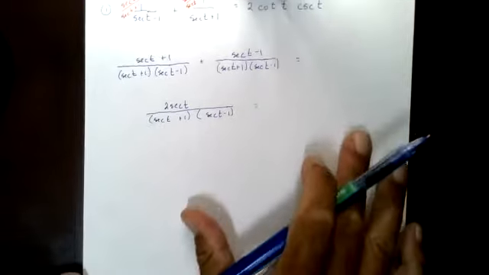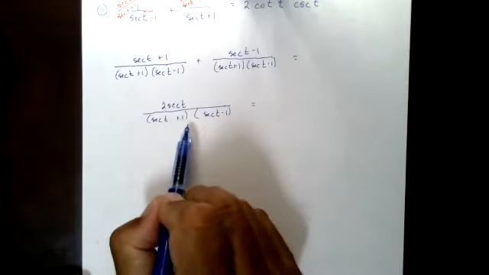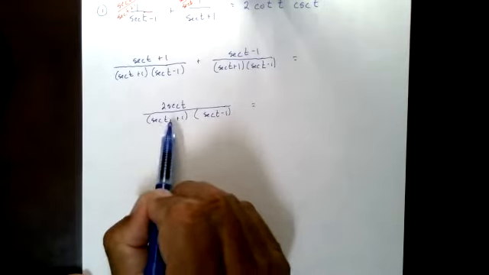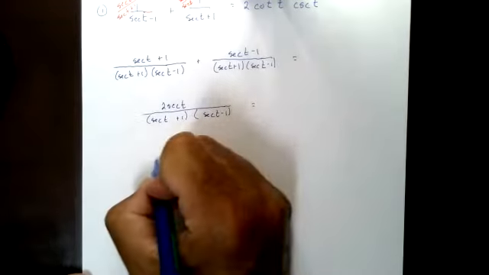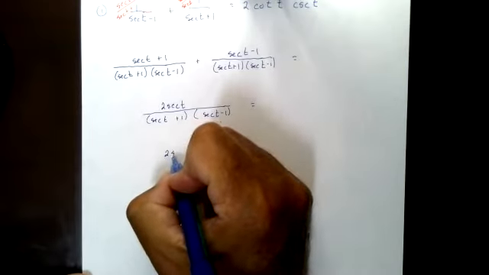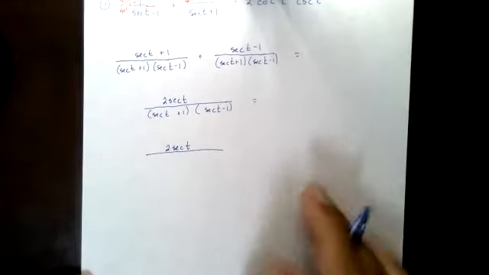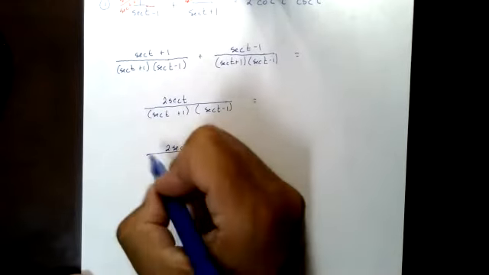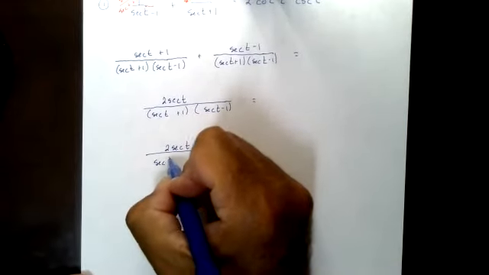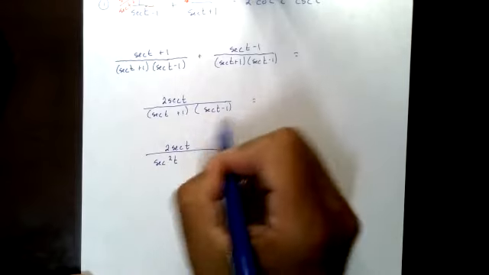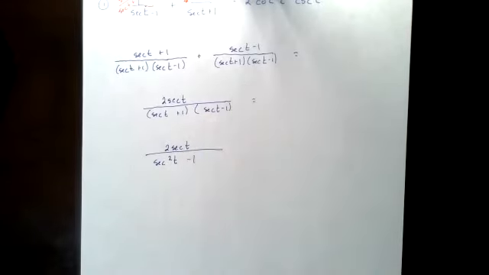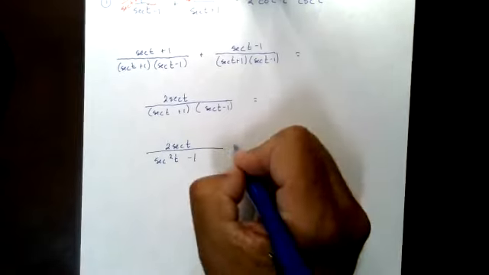Taking a look at this denominator, I have the product of a sum and a difference. So if I multiply those, my numerator is still going to be 2 secant of t. My denominator is going to become secant squared of t. Outer and the inner cancel, and I get a minus 1. I like that.